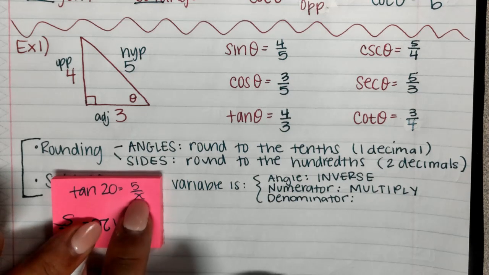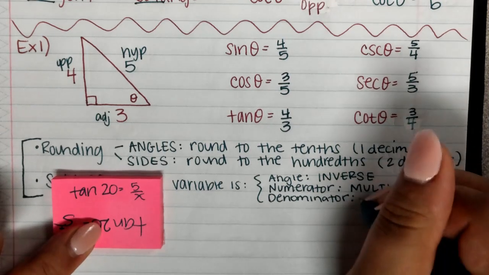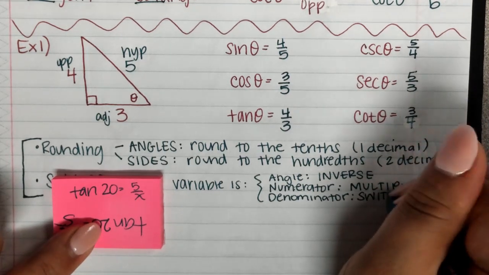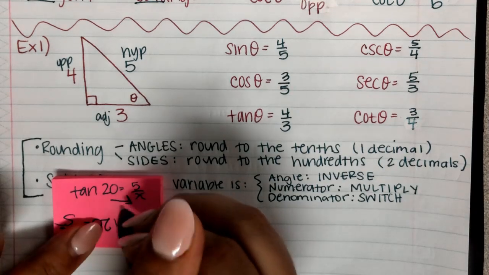How do we get x by itself here? Nobody? Nobody? We'll go over it in a second. We are going to switch them and divide.